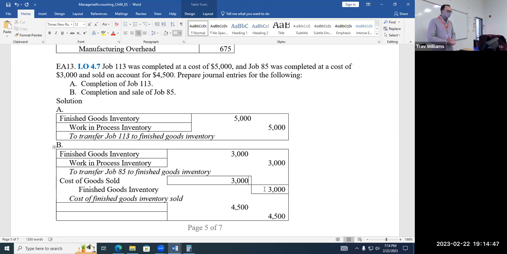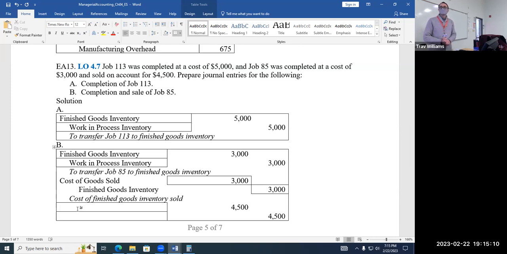Now, when we make a sale, what are the other two accounts that we need to include in the journal entry? In this case, we're told the sale was made on account. So what do we call that? If the customer didn't pay us, but they're going to pay us later?